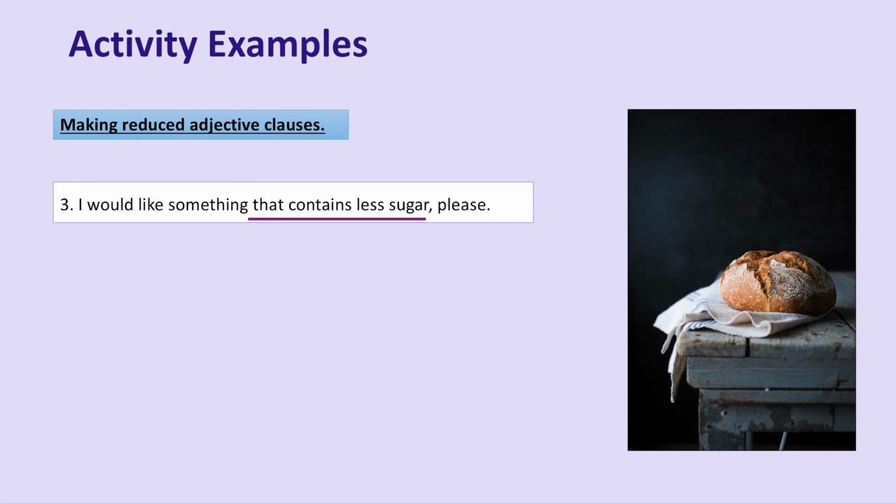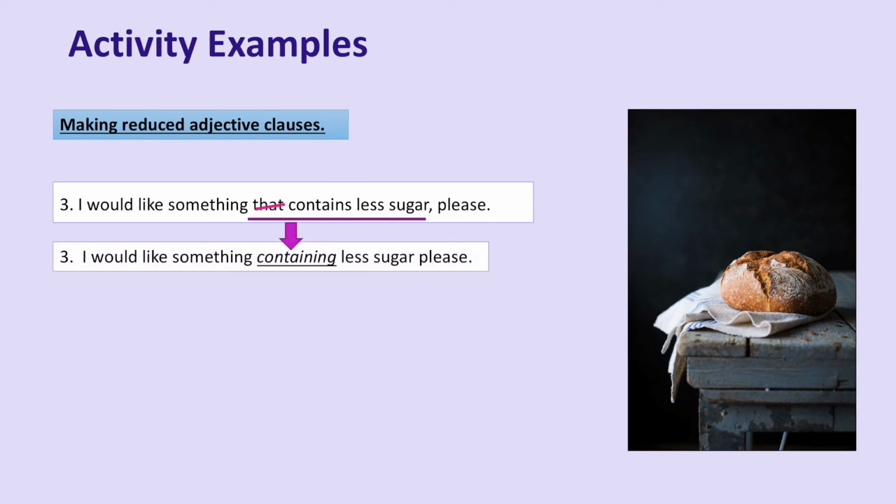So, what we have to do to reduce the clause is to take the verb contains and make it its present participle form, containing. So now, the sentence with the reduced adjective clause is, I would like something containing less sugar, please.